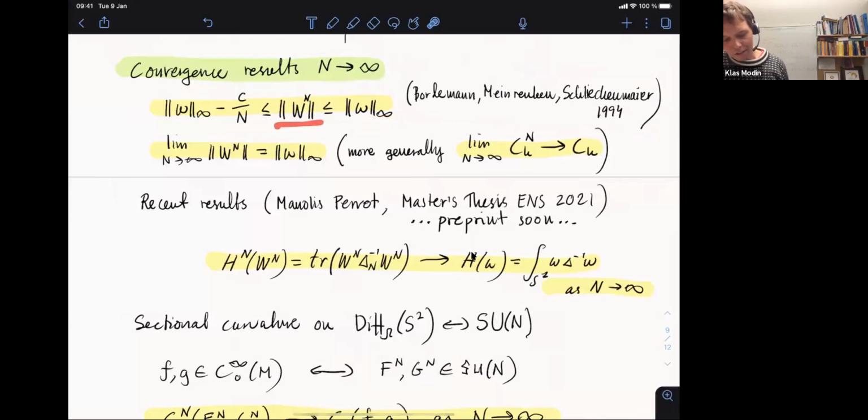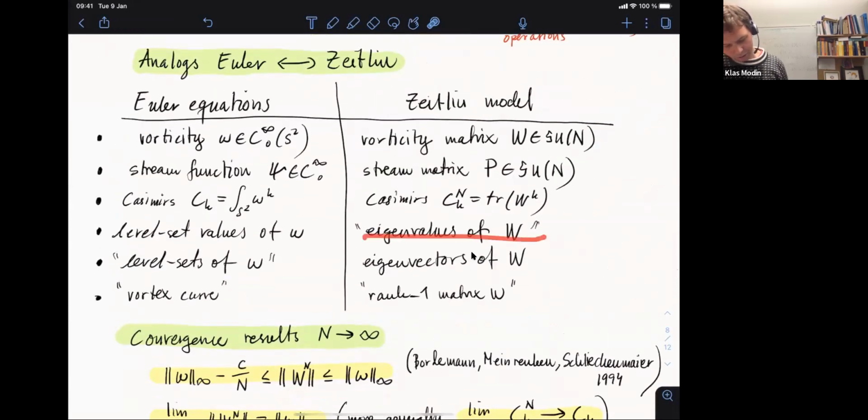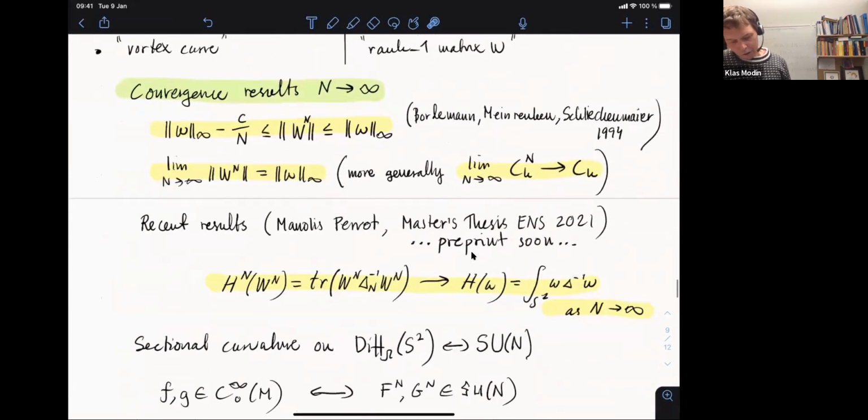So the largest eigenvalue in modulus corresponds to the largest function value. This also reflects the fact that the eigenvalues correspond to the level set values. And then you have convergence in other norms as well. More generically, you have convergence of these Casimir functions. So the quantized ones converge to the continuous ones.